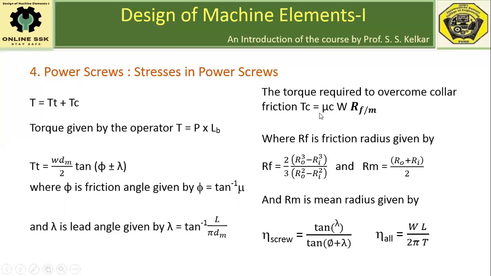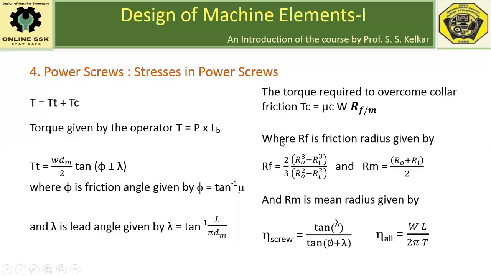Now the torque required to overcome the collar friction will be given by mu c W Rf or mu c W Rm. mu c is the coefficient of friction at the collar, W is the load, Rf is the friction radius, or Rm the mean radius. One of these two radii is to be considered based on which theory is preferred.